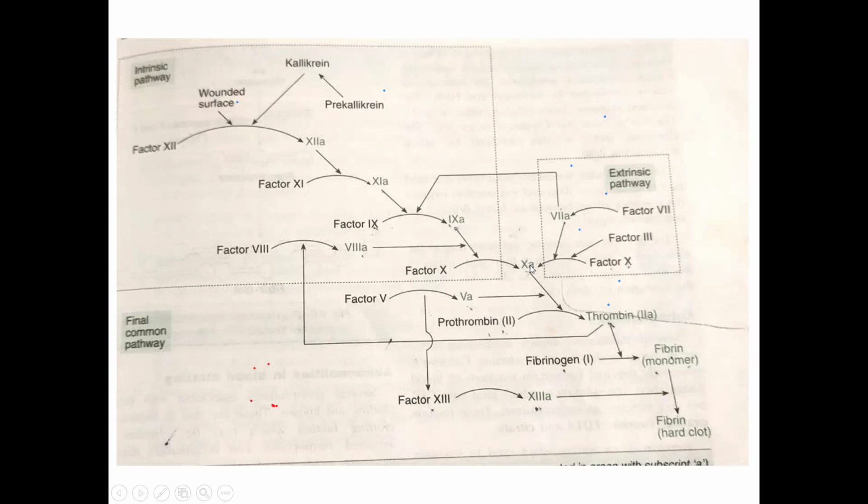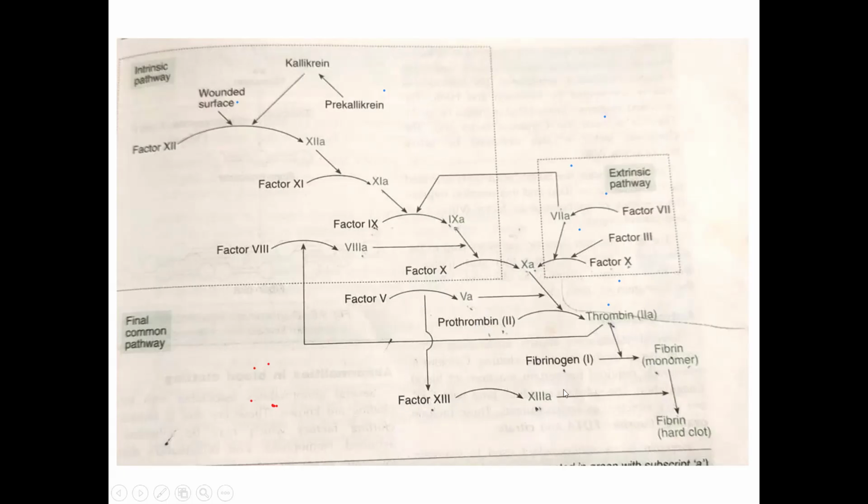Okay, so this 10A, which is formed in either the intrinsic or extrinsic pathway, with the help of activated fifth factor, converts this prothrombin, factor 2, into activated thrombin or 2A. So this thrombin converts fibrinogen into fibrin, which is a soluble form, with the help of the fifth factor proaccelerin.